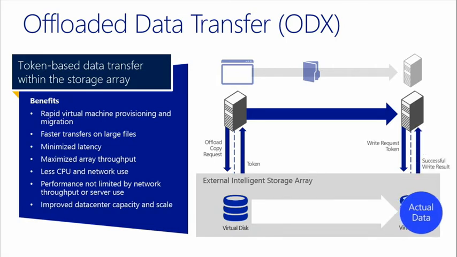Okay, so without needing to actually burden the hosts with the file copy, we just send the information that we need to tell the SAN what to do using that token system. So we're minimizing latency, we're maximizing the value of our array, so we're maximizing that investment. We're not using valuable CPU and network resources on the hosts. And the more effective and better your SAN is, the faster this is going to happen.